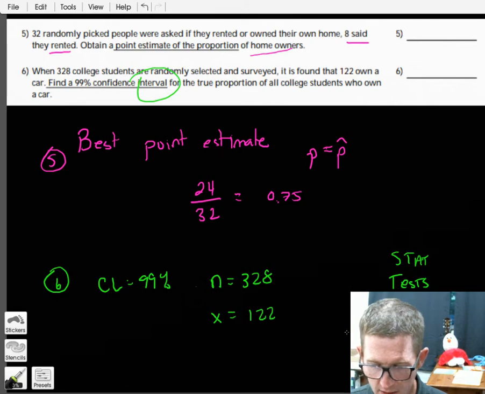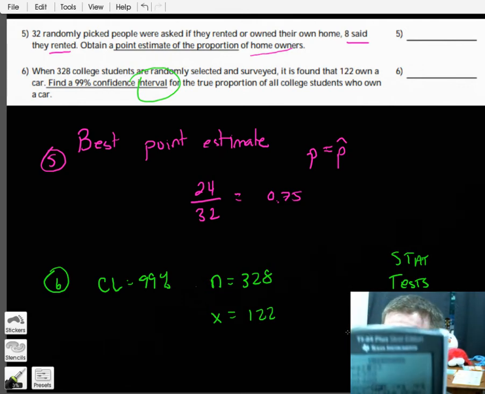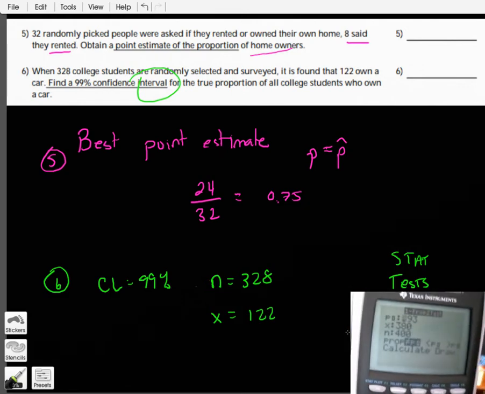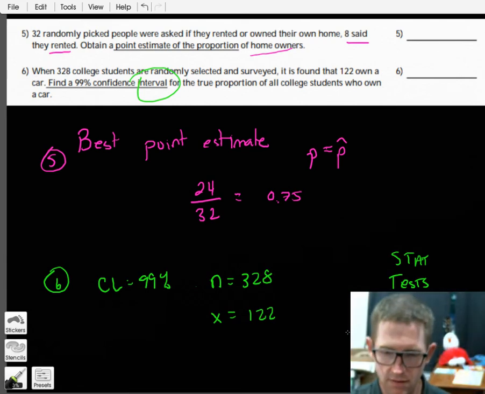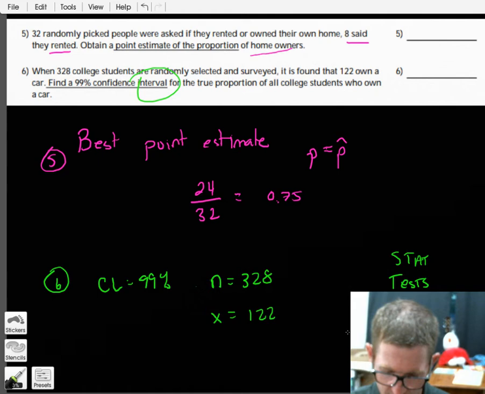So I'm going to go ahead and select one prop z int, and I should get a screen asking for the proportion x and n. Oh, that's wrong. Shoot, one prop z int. There you go. That's right.